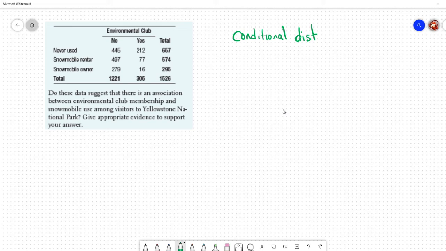So now we want to think, what should I look at? Should I look at snowmobile use based on their club membership?